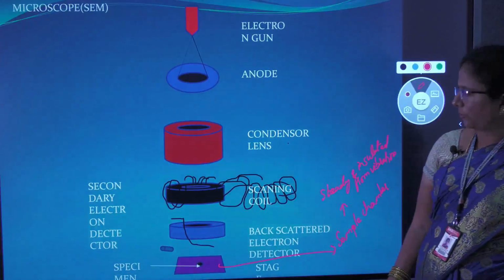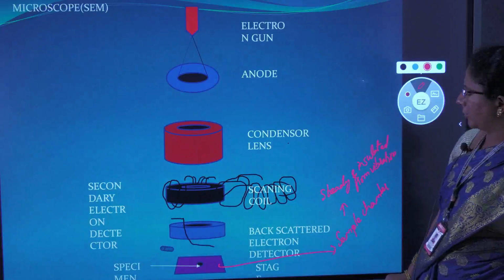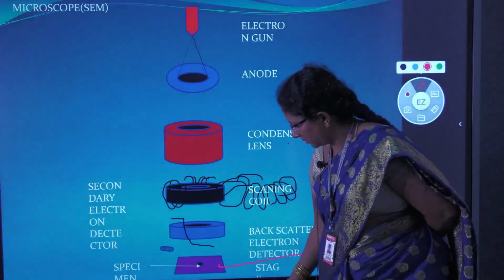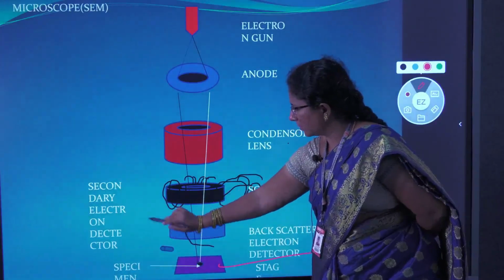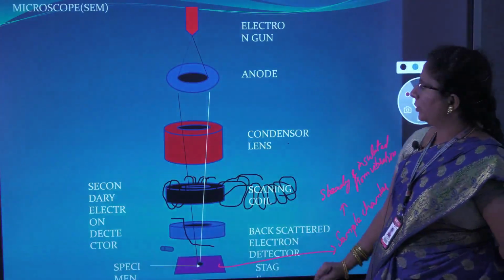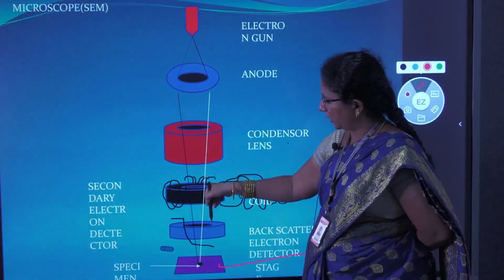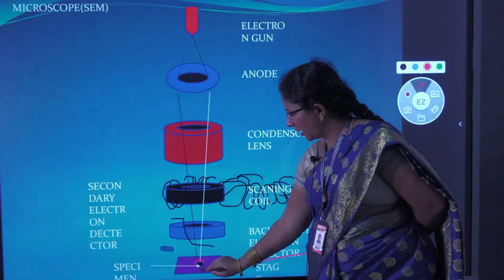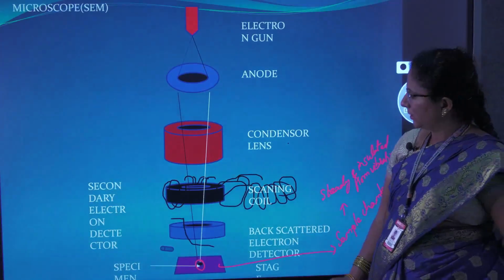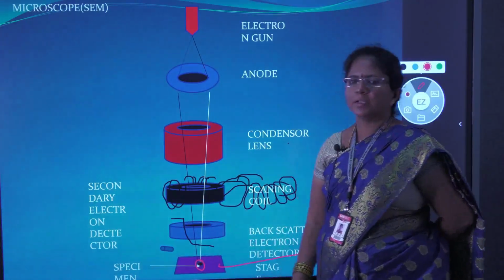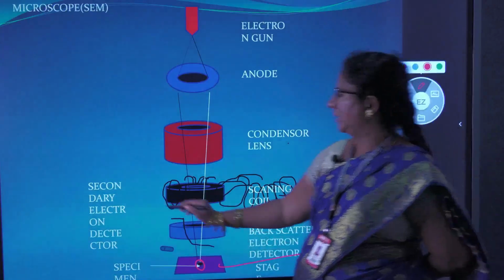Next is secondary electrons. Secondary electrons are the electrons produced by the collision between the incoming electrons and the loosely bonded outer electrons of the specimen. These secondary electrons are responsible for producing the image.